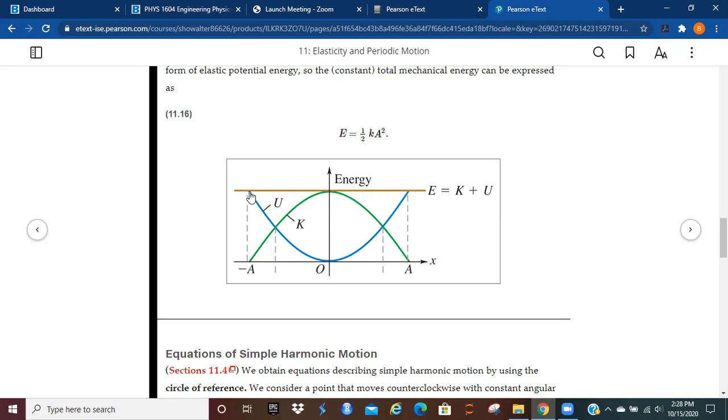All of it is potential here and here. None of the energy is kinetic here and here. Now, as the object moves from minus A to 0, you see the potential energy change into kinetic. They actually become equal at some point. And then as it passes through the equilibrium point, all of that energy is kinetic.